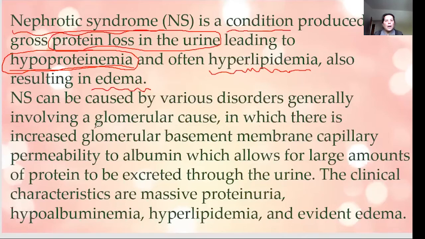That kind of edema is related to the kidney glomerulus, leaking too much protein. That basically happens in the basement membrane part. A lot of protein, especially albumin, is lost.